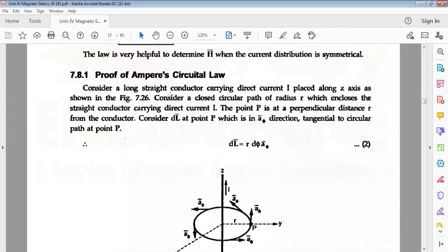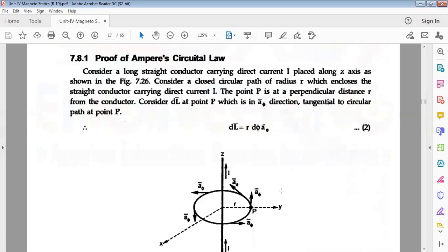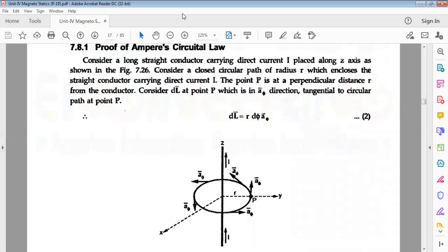Consider a long straight conductor carrying direct current I placed along the z-axis as shown in the figure. See the z-axis, there is a long straight conductor carrying the current in the upward direction AZ bar.